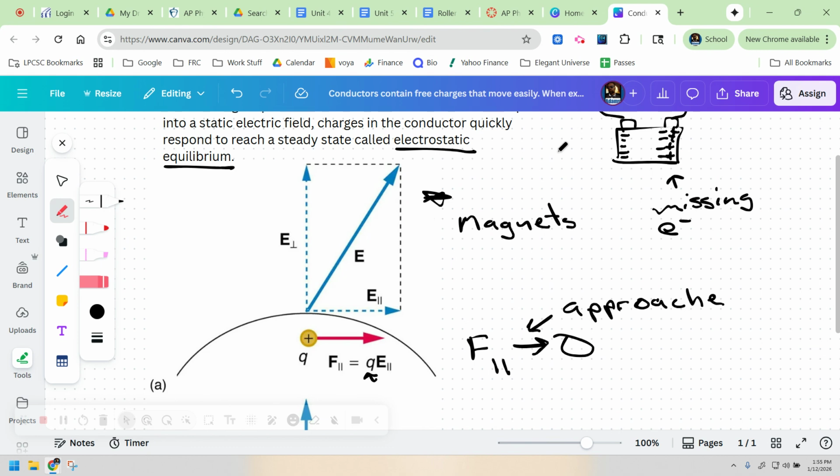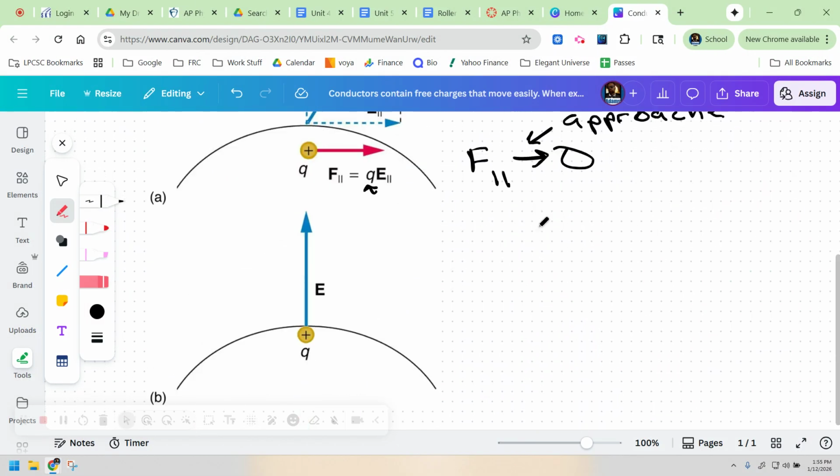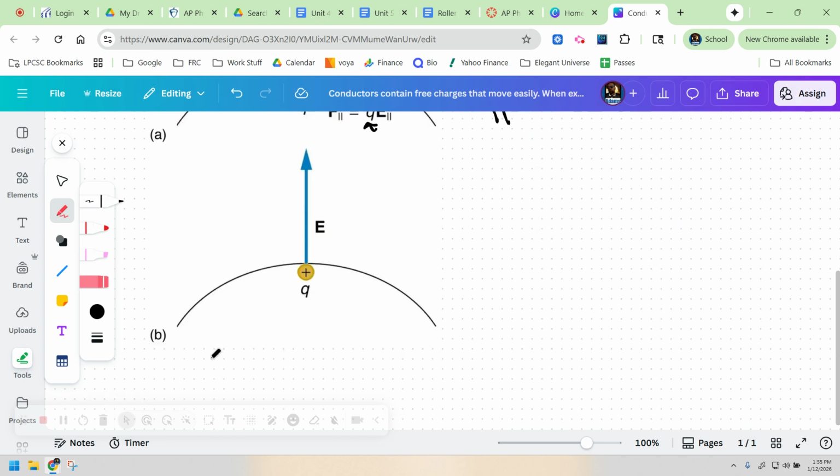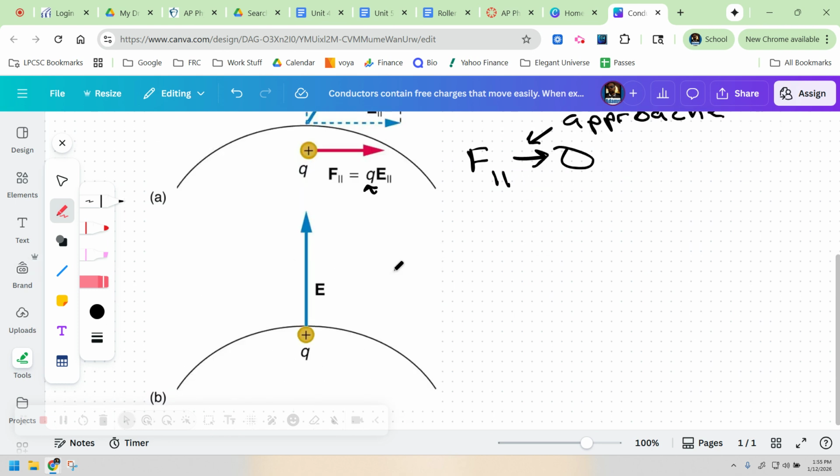And so then the free charge has been brought to the surface of the conductor, leaving everything in some sort of electrostatic equilibrium.